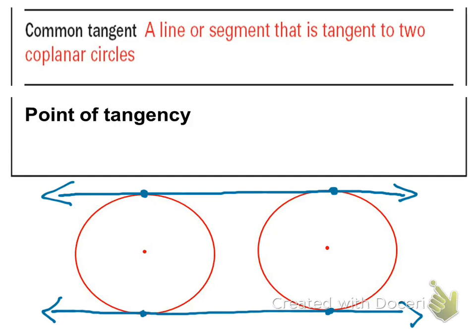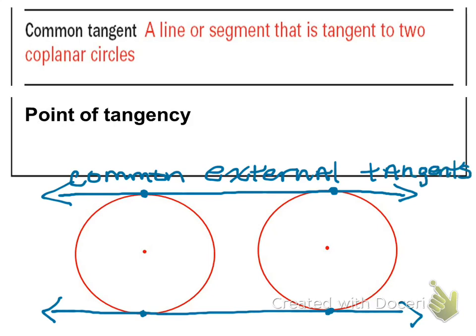Okay. These tangents are called common external tangents. They're called external tangents because while they connect the two circles, they do not go between the circles.